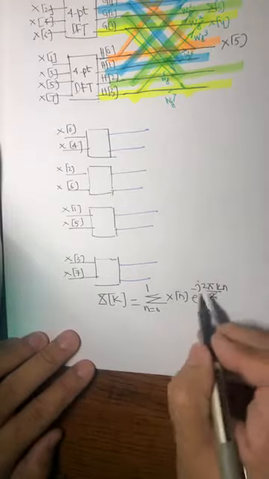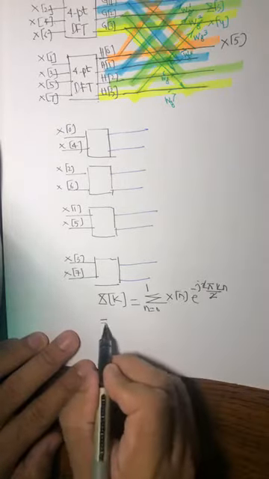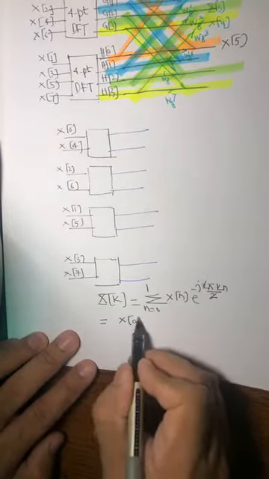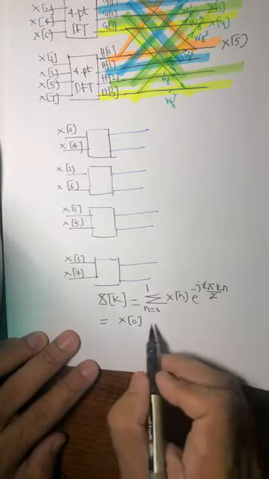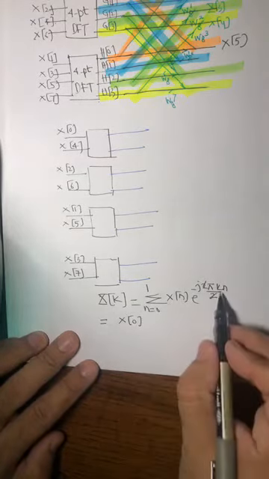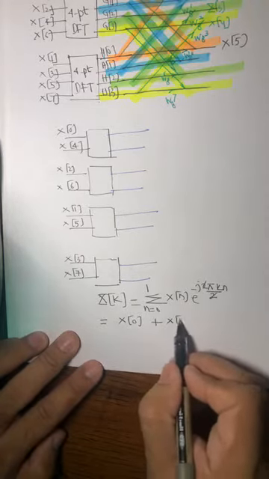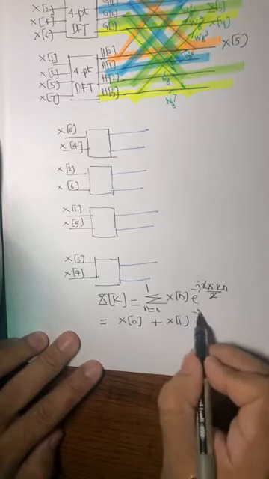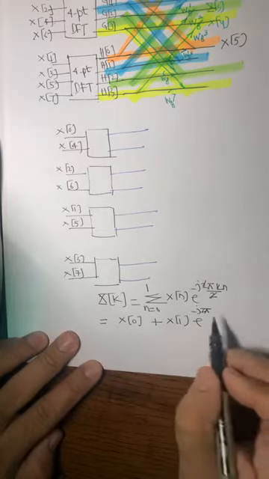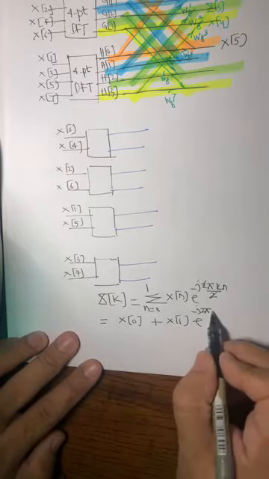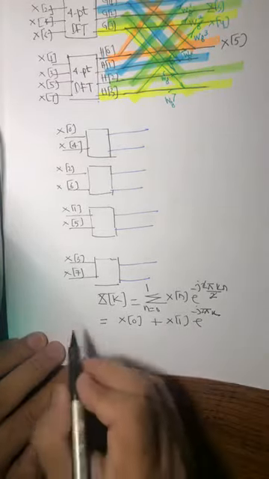So this is the formula. 2 cancels with 2. So we open this up, we get x of 0, and because n is equal to 0, exponential of 0 is 1, so it is x of 0, and x of 1 exponential minus j 2 pi k over 2. So this is x of k.